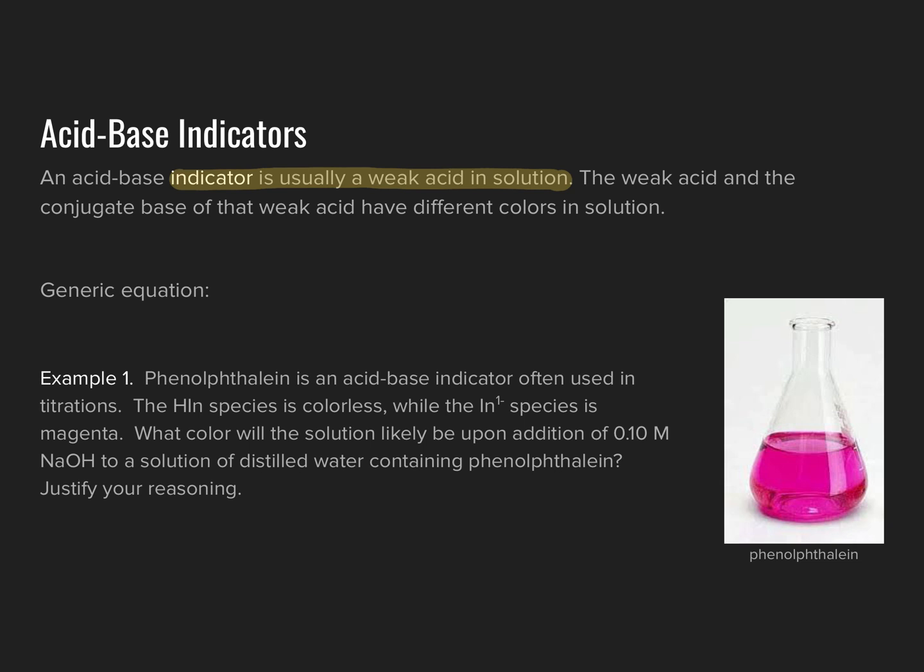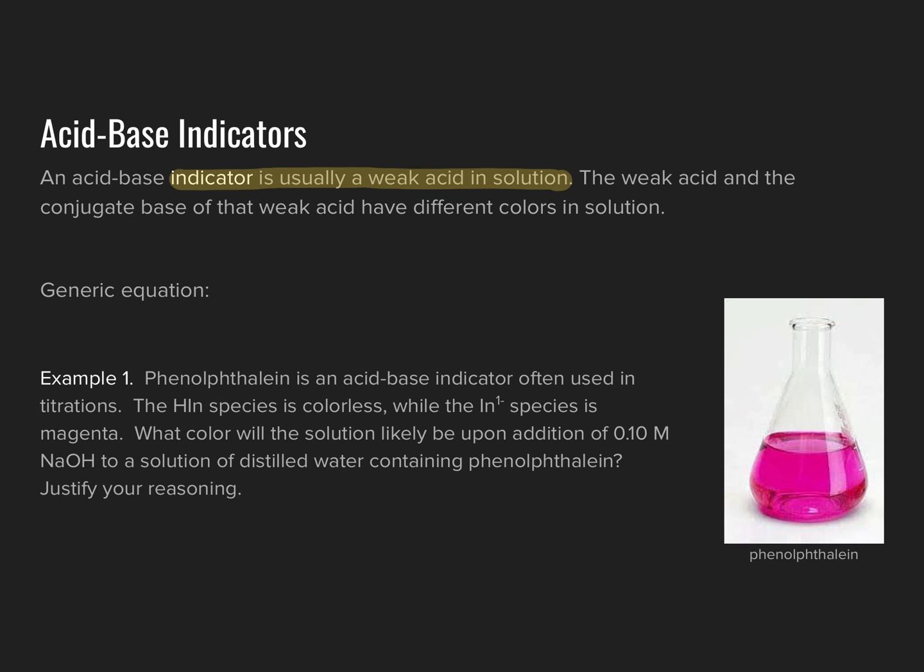And the key idea about how that indicator functions is that the weak acid itself and the conjugate base of that weak acid should have different colors in a solution, such that as the dominant species present in the solution changes from acid to base, that is the weak acid, the indicator, or the conjugate base of that indicator, the solution itself will experience a color change.